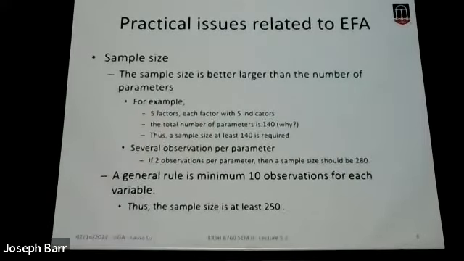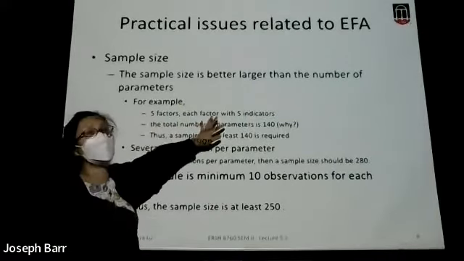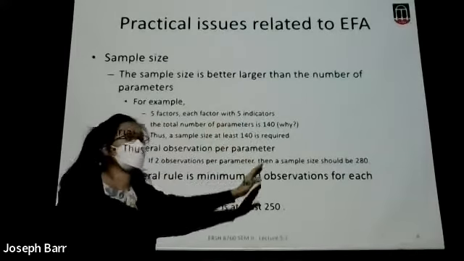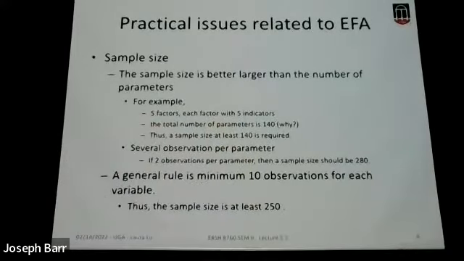If you consider some other variables, then you increase the sample size. This is a very simple case, just factor models. There's no absolute sample size, which one is correct or which one is wrong. Well, we have some rules.